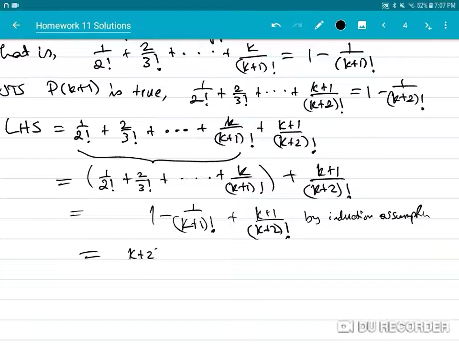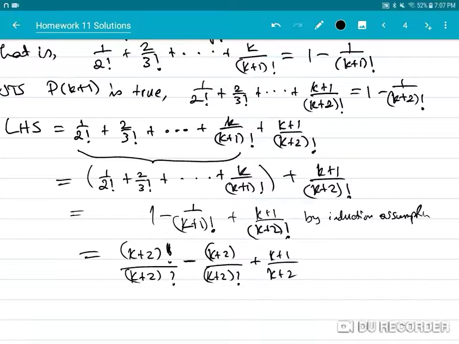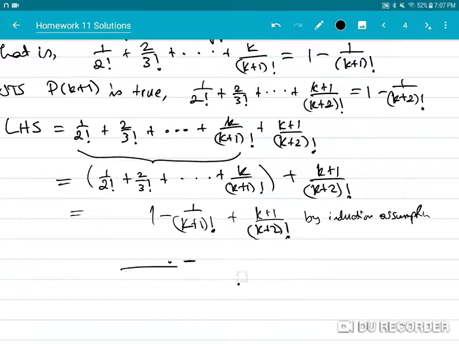We get k plus 2 factorial over k plus 2 factorial, minus, this is missing k plus 2. No, let's save the 1. Let's save the 1 because I want that 1. All right, I'll save the 1. I'll just combine these two.